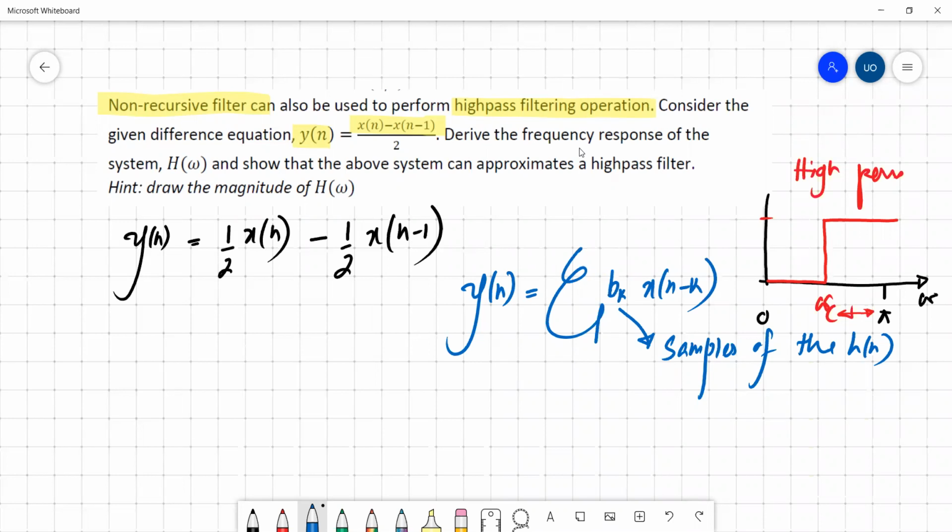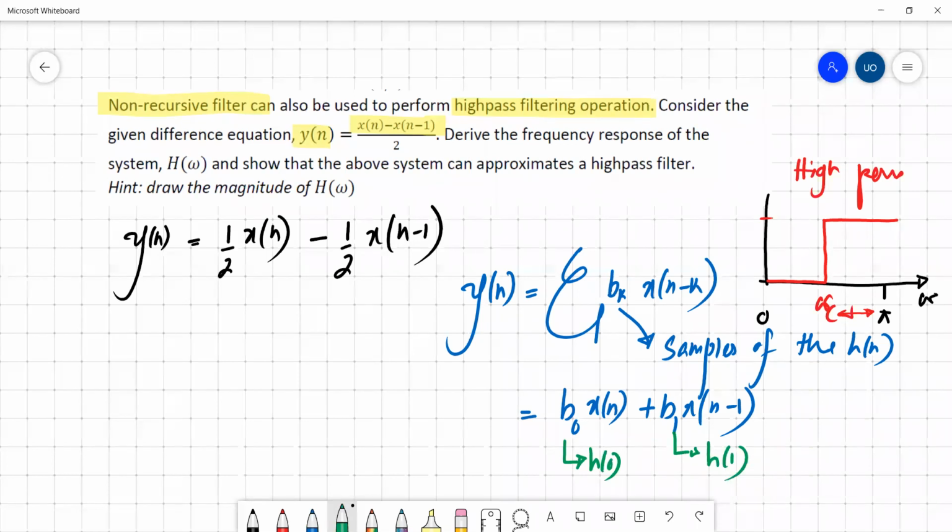Okay. So if we expand it for the first two values, this becomes b0 x[n] plus b1 x[n-1]. So this refers to h0, and this refers to h1.